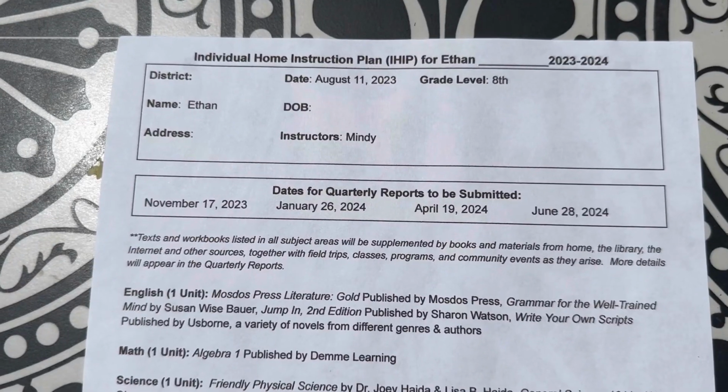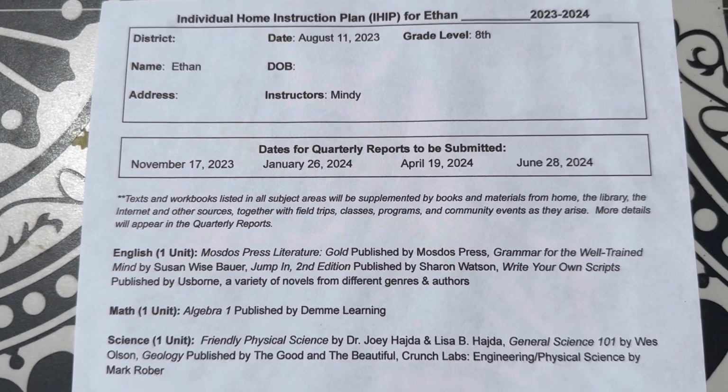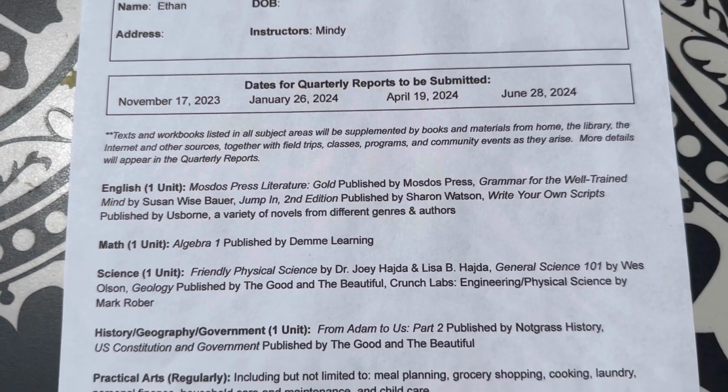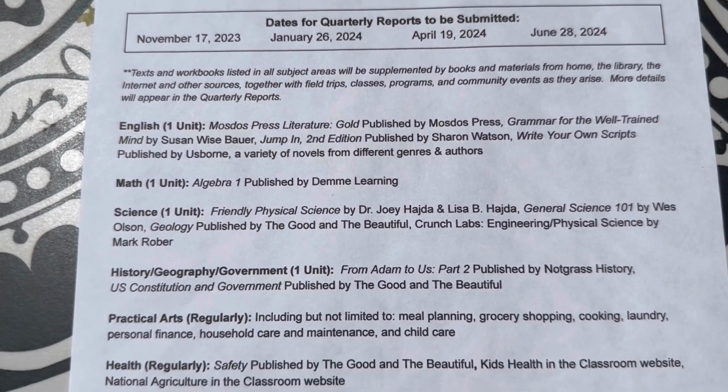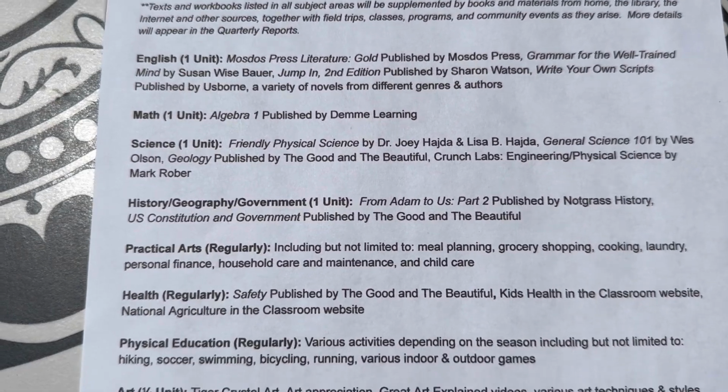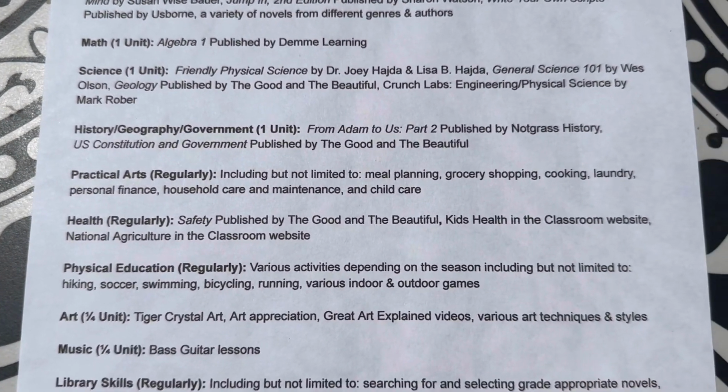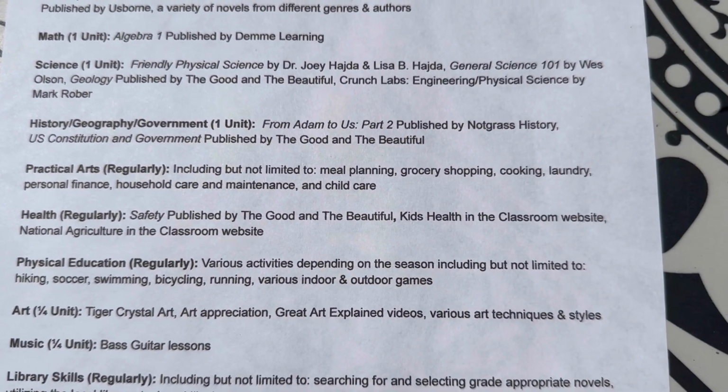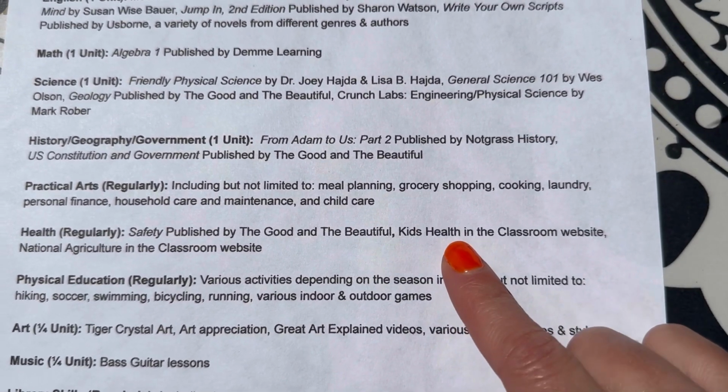And so here is his finished IHIP. Again, I just list the textbooks that we are going to be using for him. And then down for health, I do have a unit, and then I also use a couple different websites.